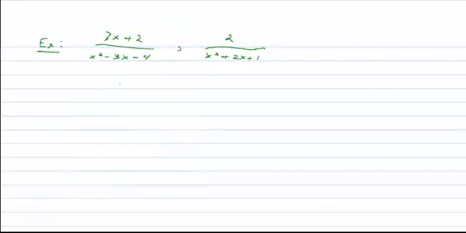In this example, we have 7x plus 2 over x squared minus 3x minus 4, and then we have 2 over x squared plus 2x plus 1. So again, we're going to factor all denominators, and notice we don't care about the numerator for this part. We just want to factor all the denominators. In the first one, we have a trinomial.